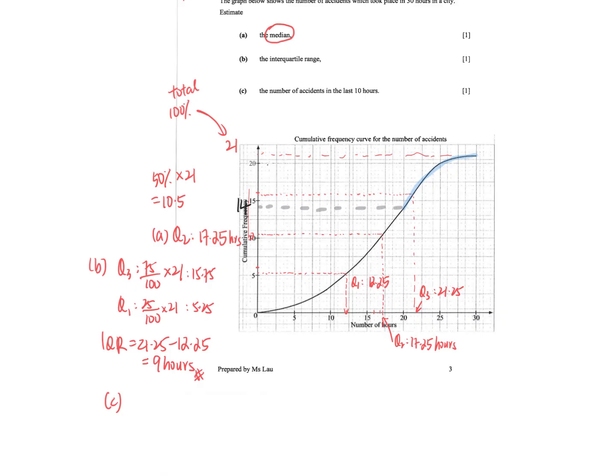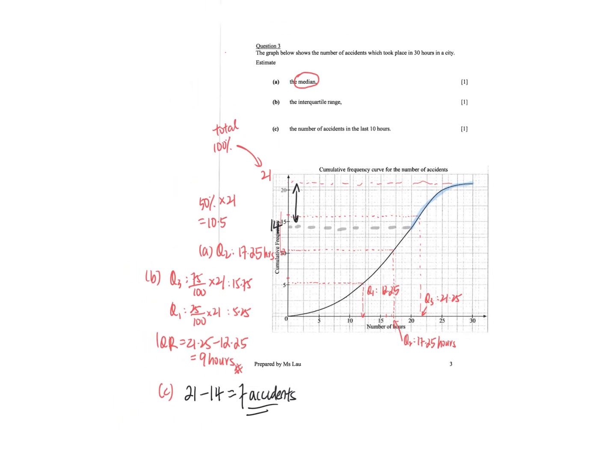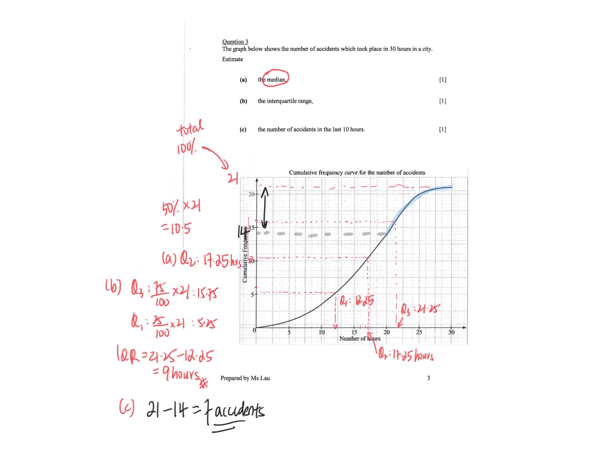So I want this part. So you use 21 minus 14 to get 7 accidents. There were 7 accidents that happened in the last 10 hours. This question is quite badly done because a lot of you read from the wrong scale, the wrong axis.